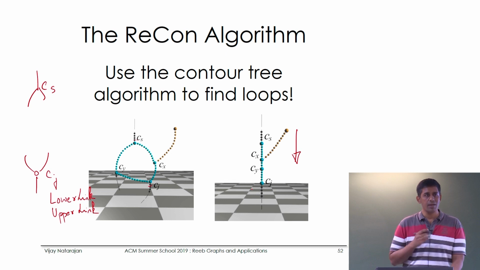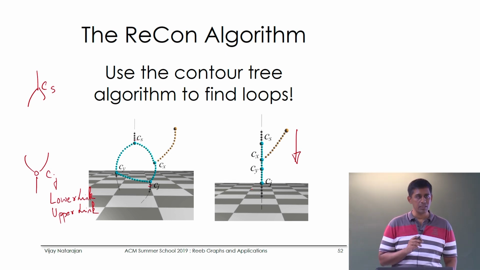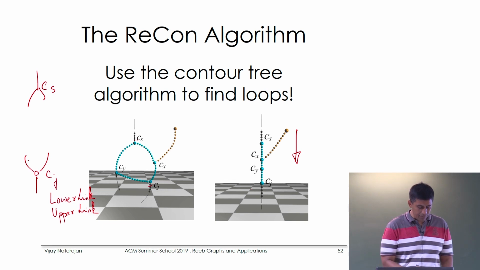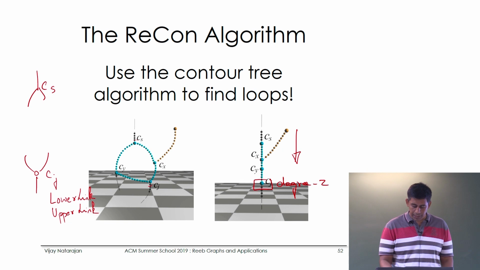So the characterization is the following. I am looking at saddles which have this kind of a structure and are degree 2 in the join tree that I compute. C sub x, remember, has the same structure as here, but it is degree 3.